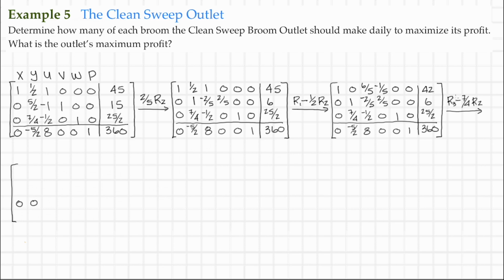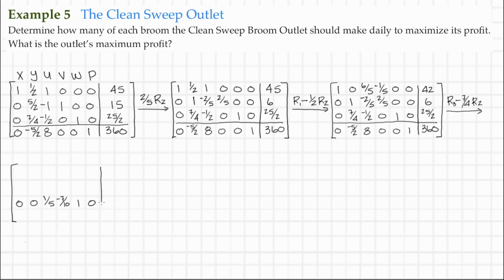Negative 2/5 times 7/4, that's 7/10. Negative 1/2 minus negative 7/10, or in other words, negative 1/2 plus 7/10, that's 1/5. 2/5 times 7/4, again, that's 7/10. 0 minus 7/10, that's negative 7/10. 0, 0, and 1. 0, 0, and 0.